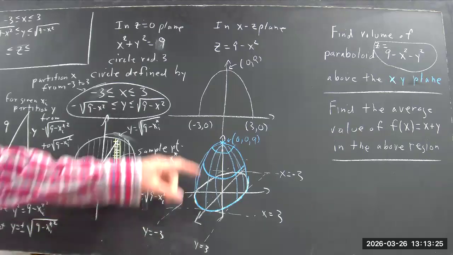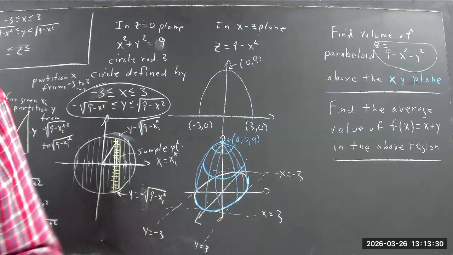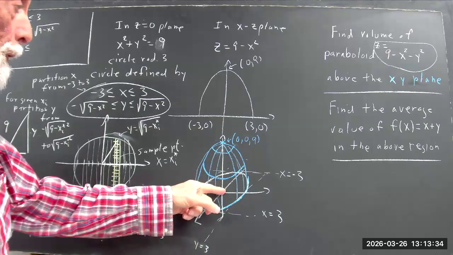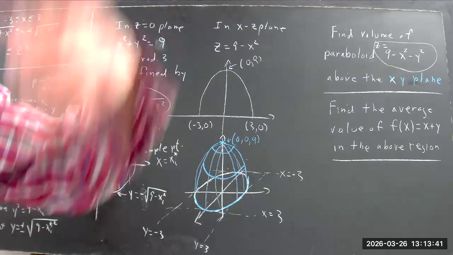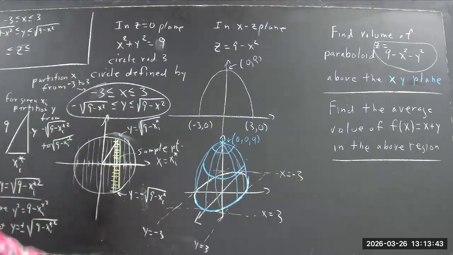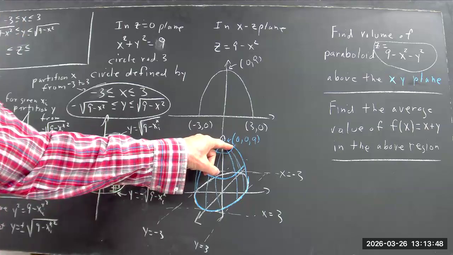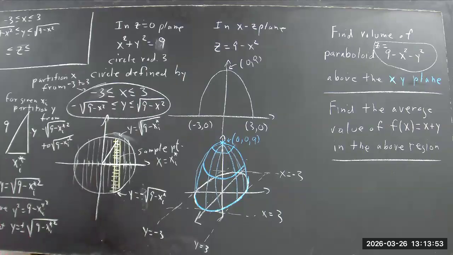It goes to 9 if x and y both happen to be 0, but if x and y are something, either one is different than 0, it's not going all the way up to 9. You try to go up to 9 from here, you're going to bump your head pretty hard. Okay? If you're doing it by vertical leap, if you've got a 9-meter vertical leap and you just barely get to the top here, you're going to bump your head right here, but not too hard. If you're over here, you're going to fracture your neck. Okay? You're going to hit the surface.